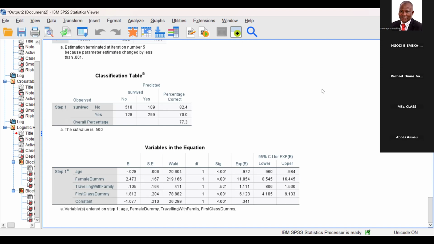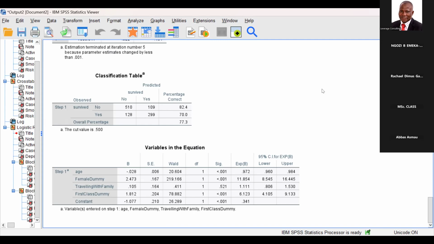As the age increases by 1 unit, the likelihood of survival reduces, and it is significant. Whether the odds ratio is less than 1 or greater than 1, if it is significant, the confidence interval will not include 1. Look at it now: it ends before 1.